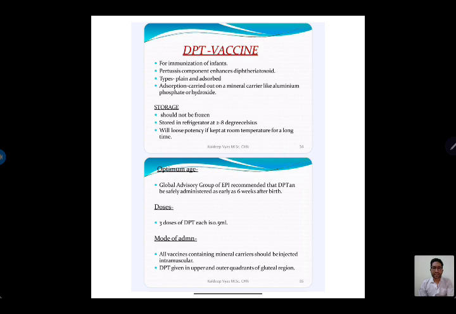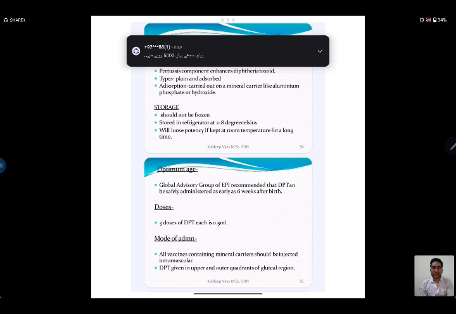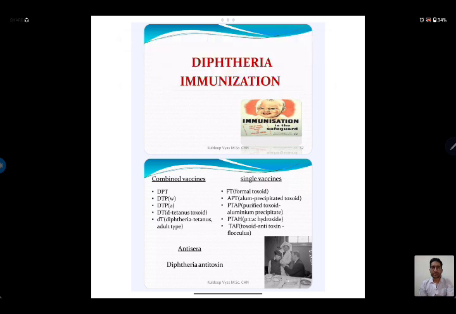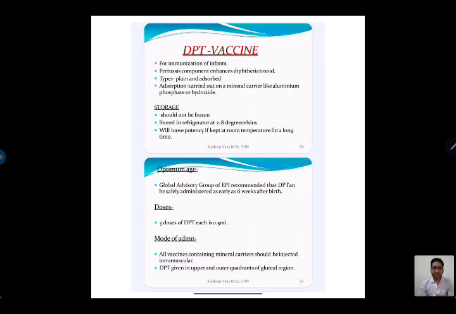Dose: 3 doses of DPT, each 0.5 ml. Mode of administration: all vaccines containing a mineral carrier should be injected intramuscularly. DPT is given in the upper and outer quadrant of the gluteal region.